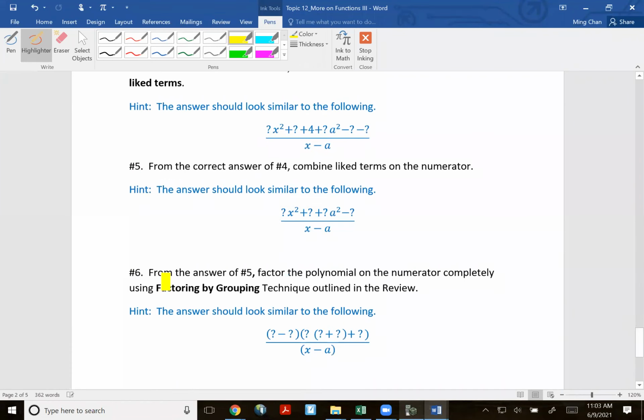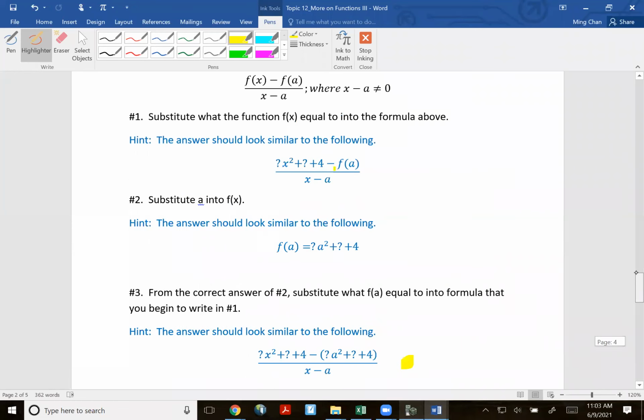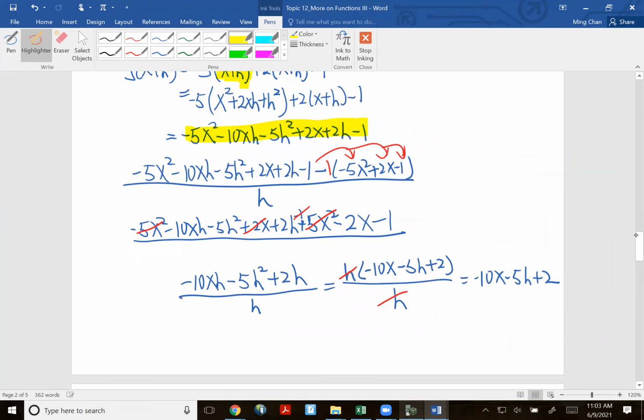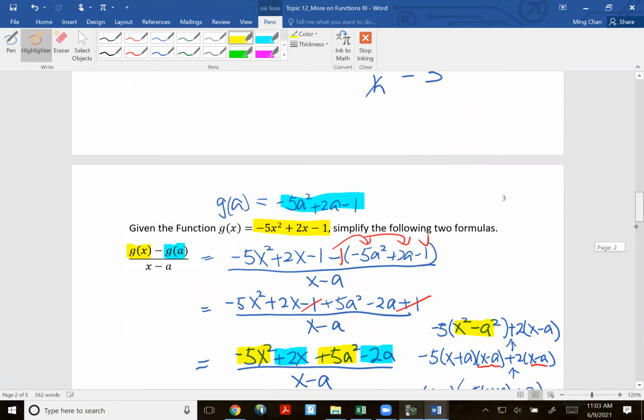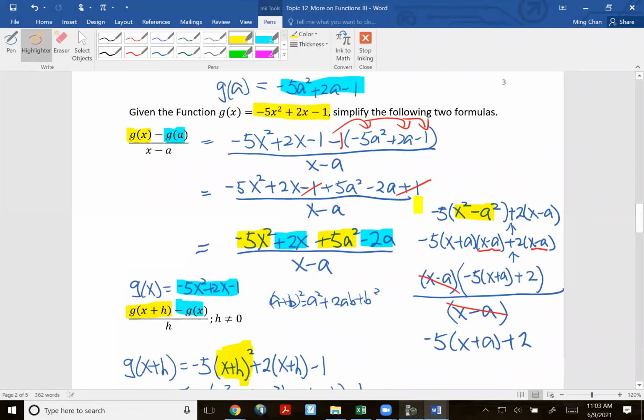And number 6, I want you to factor the numerator from 5, just like what I did here on the side, the factoring by grouping. Different numbers, but the same process. I want you to group the x squared terms together, and then group the x and the a terms together, and perform your factoring by grouping. I don't need you to cancel them out.